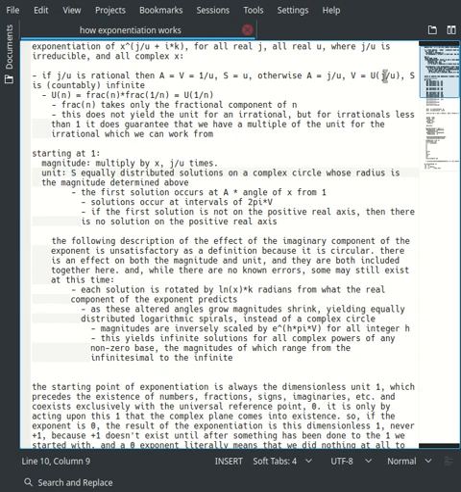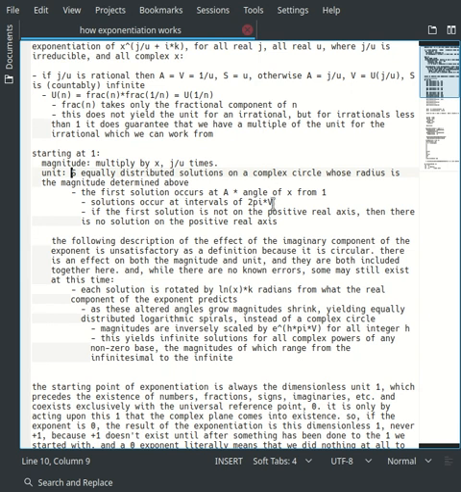works really well when you're looking at the complex circles, because being irrational, the result of this, when you put in an irrational, means that it's not going to match up, right? You're not going to land on the same spot ever, twice, right?